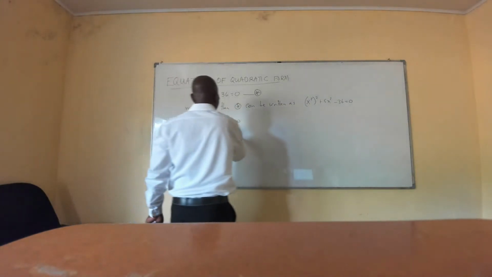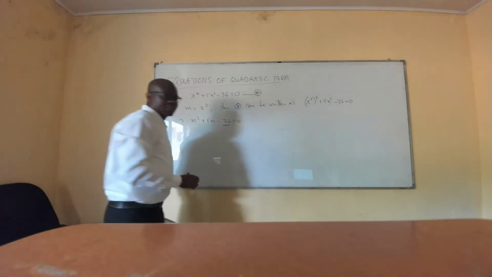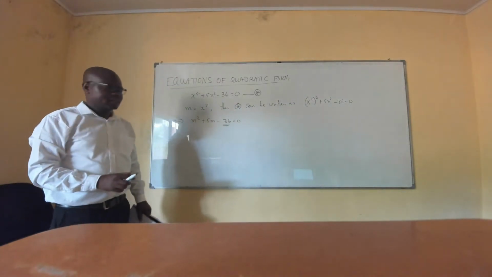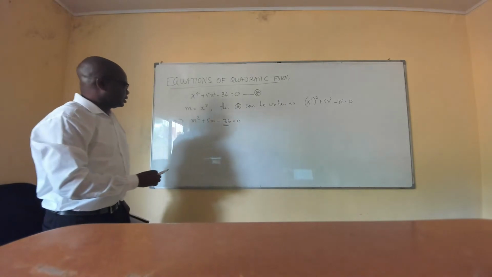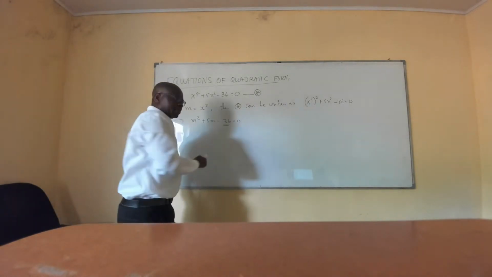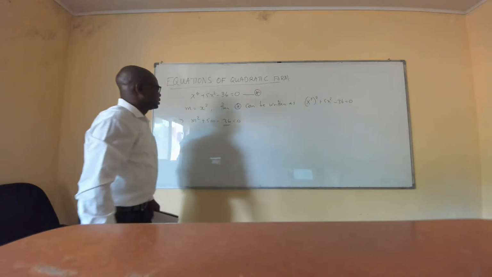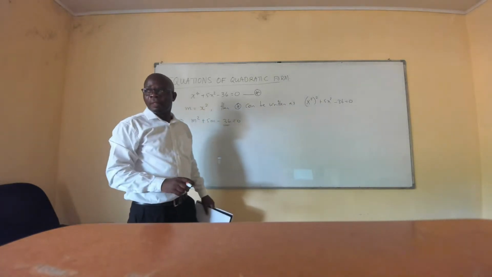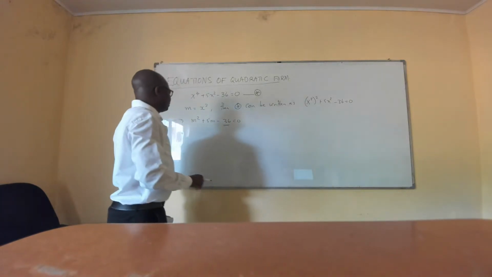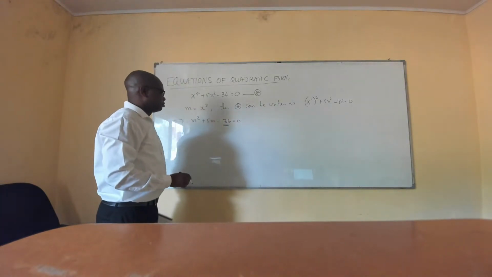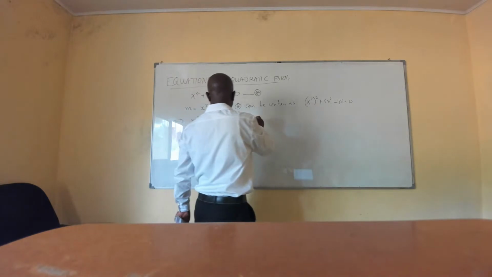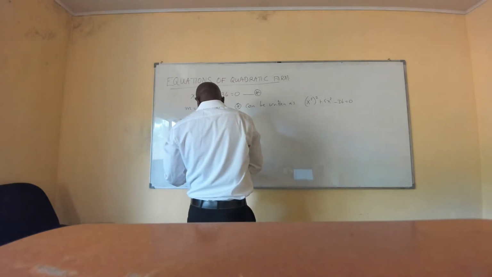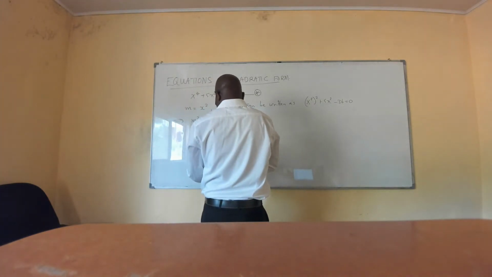So we think of factors of minus 36, which are integers, such that when you multiply them, you get minus 36. When you add them, you get 5, which is the coefficient of m.